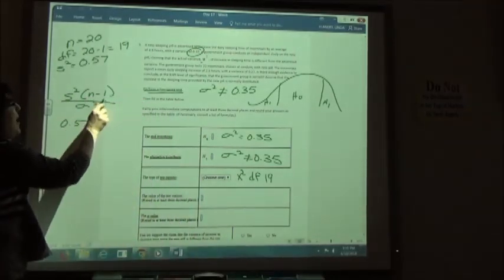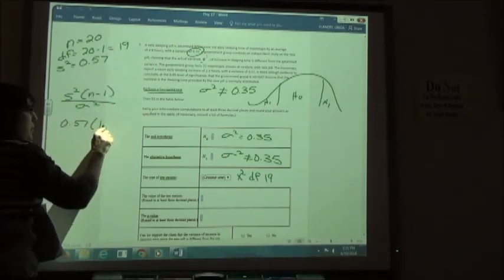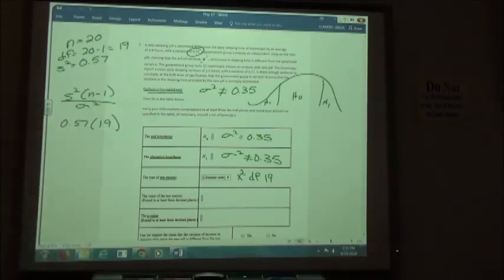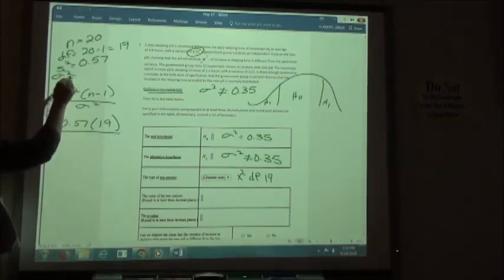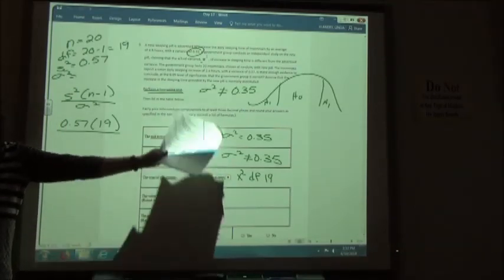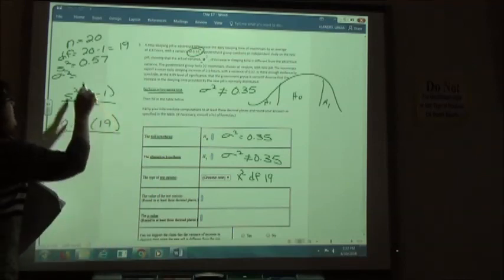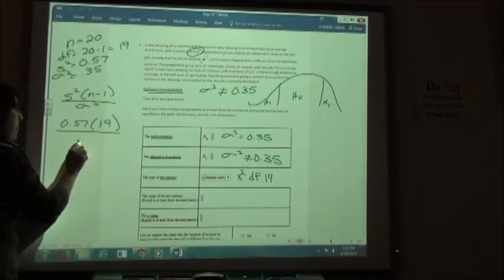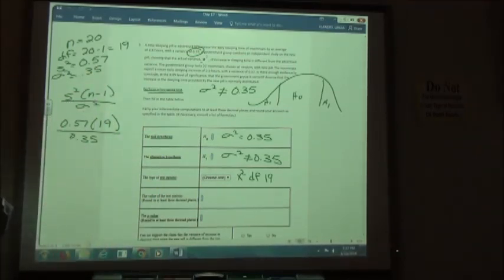0.57 times n minus 1 would be our 19, right? That was our degree of freedom, over the population variance. The population variance is the one from the problem that we're trying to compare it to, which is our 35%, right? So we're just going to take 0.57 times 19 divided by 0.35.